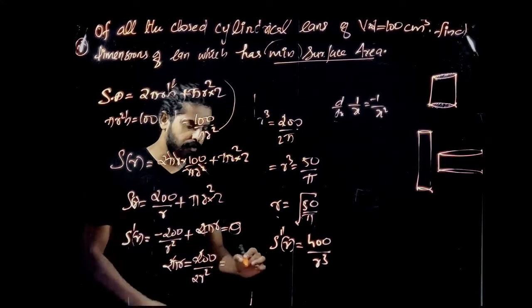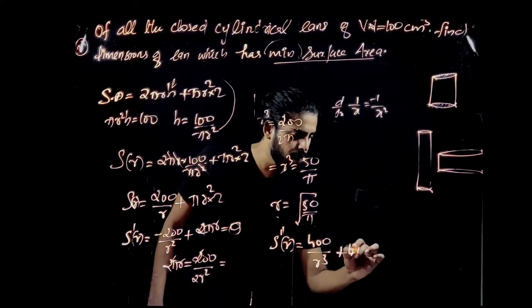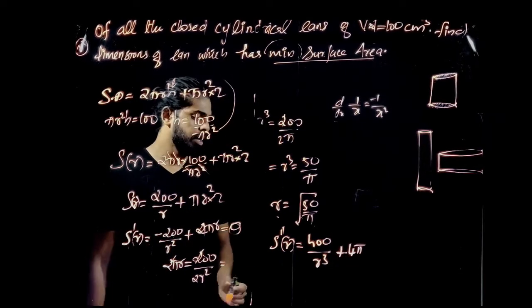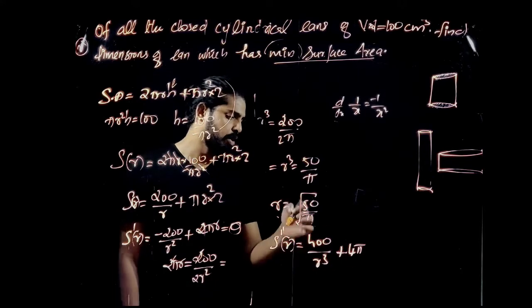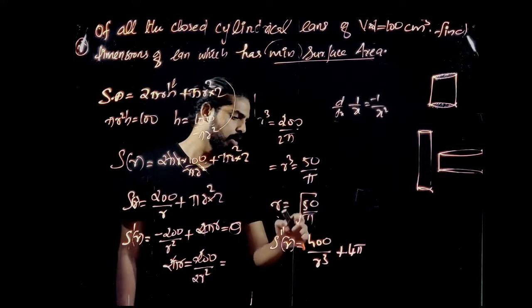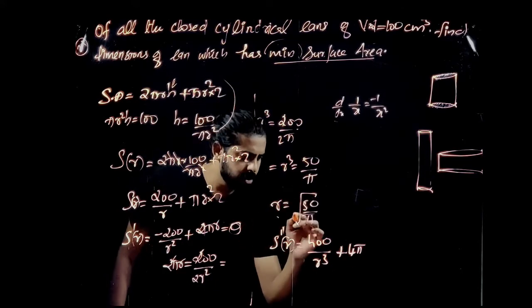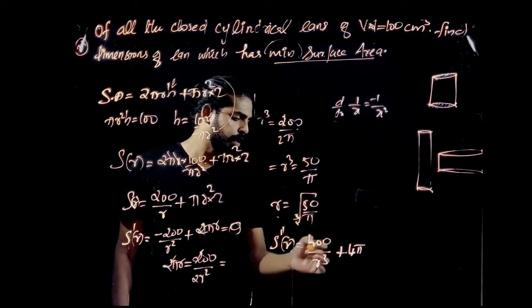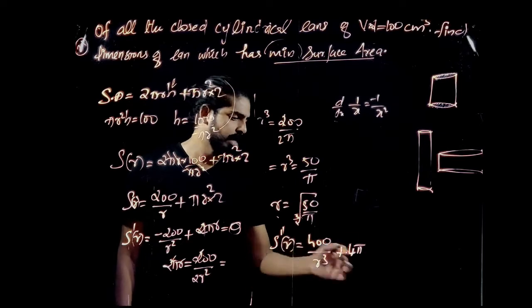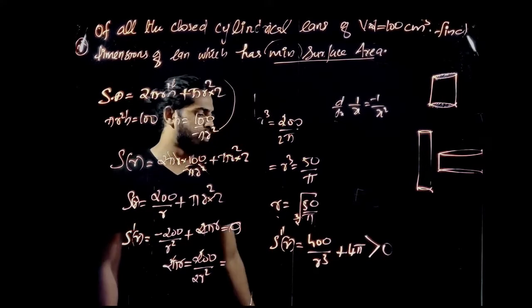Again, the derivative of 4 pi r will be 4 pi. Okay, so you need to prove that this is greater than 0, and you can clearly see this is greater than 0 if you substitute r is equal to this cube root, right? Since here is cube, this is the cube root. r equal to the cube root of 50 by pi is a point of local minima, since this always gives a positive value.